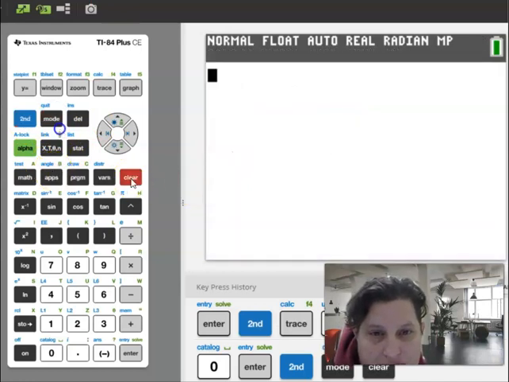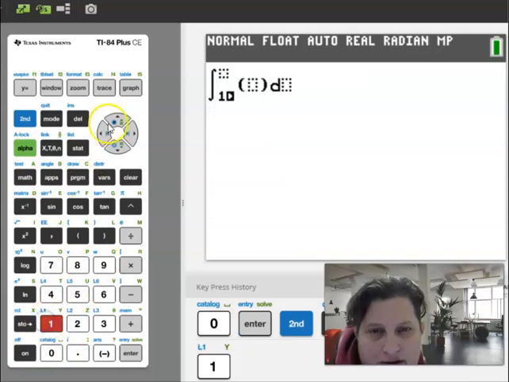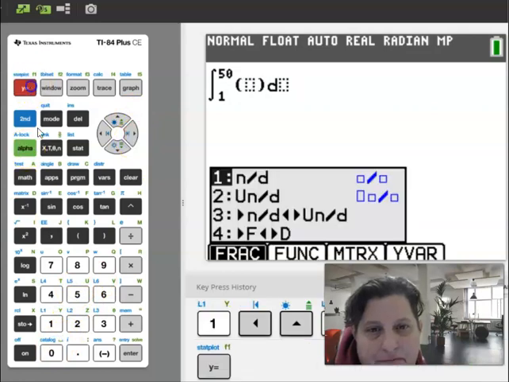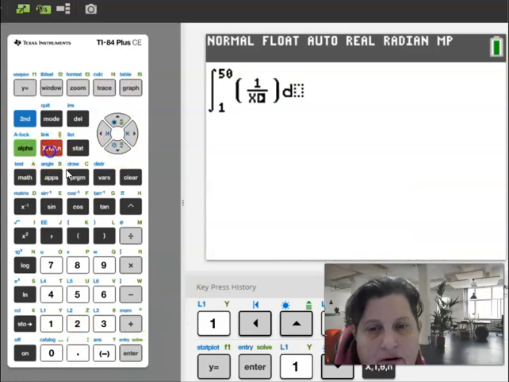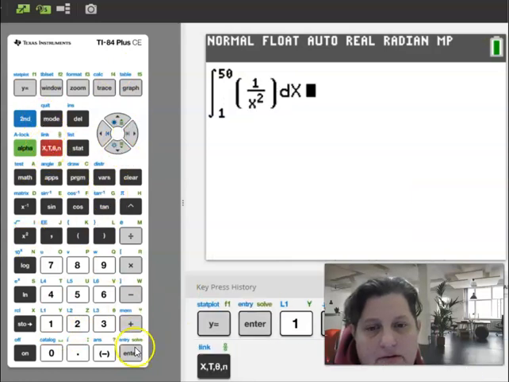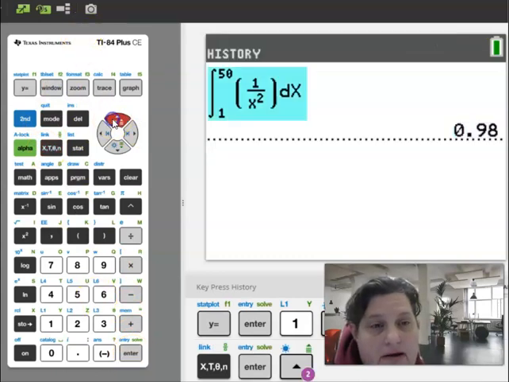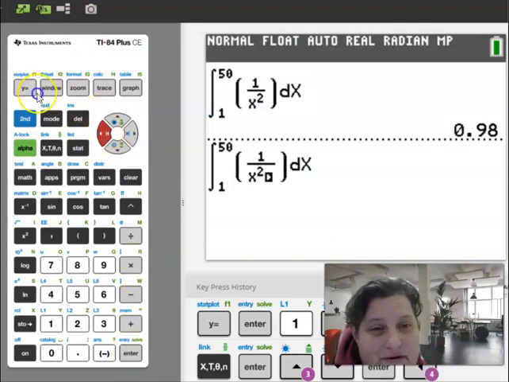Let's do it over here. Integral from 1, let's see if it'll do it. Maybe I'll just try going to like 50 or something, of 1 over x squared dx. Nice, not bad. Let's see if it'll get closer than 50. Let's see if it'll do 100. Might get mad at me, but we'll see.